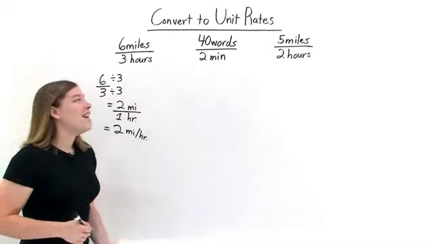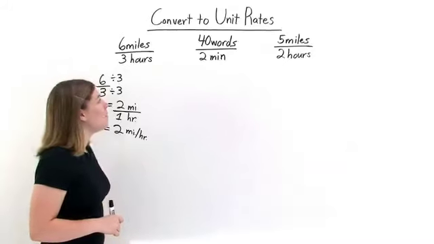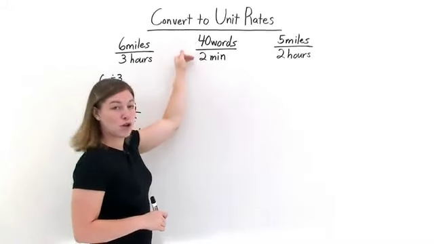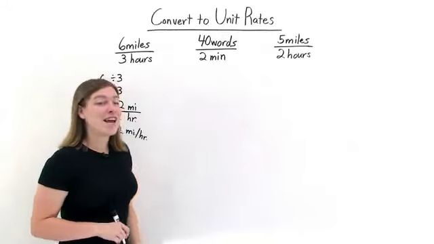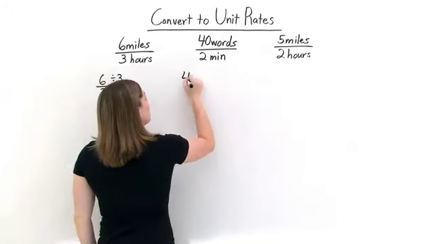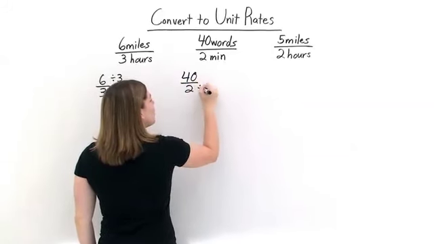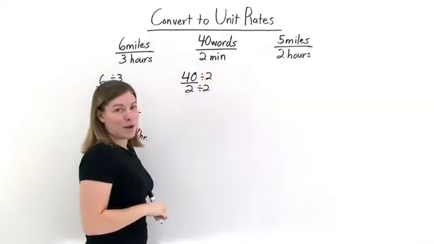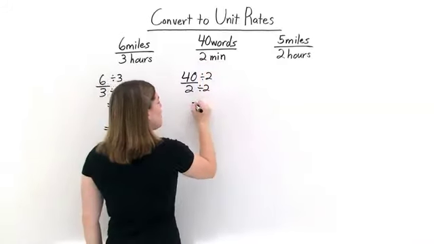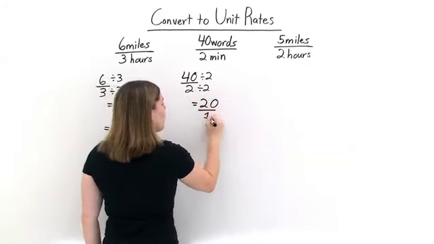Great! Now let's look at the next rate. Let's convert this rate into a unit rate. Let's see, we have 40 words per 2 minutes. We need to make this denominator 1, so we need to take 2 divided by 2. We have 40 over 2 to begin with, and since we need to divide the denominator by 2, we also need to divide the numerator by 2. 40 divided by 2 is equal to 20, and 2 divided by 2 is 1.